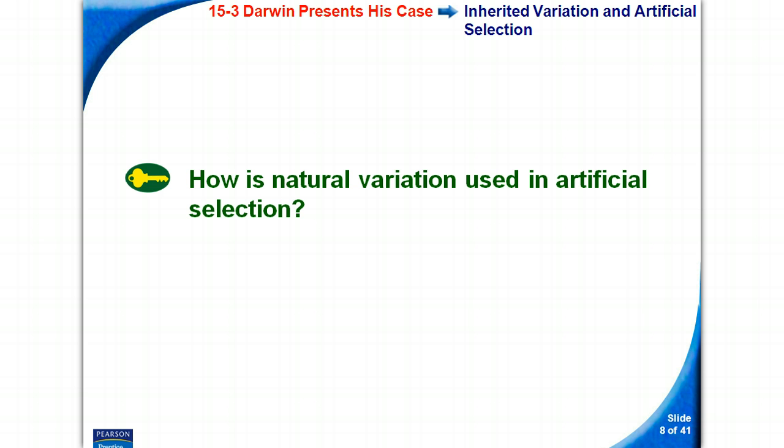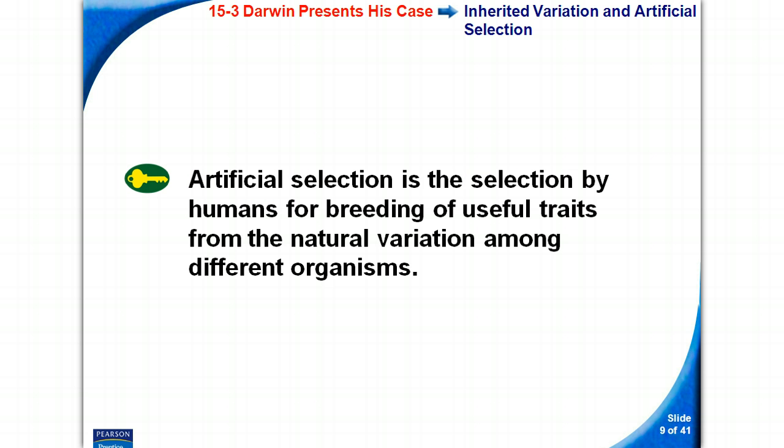Key concept number 1. How is natural variation used in artificial selection? Artificial selection is the selection by humans for breeding of useful traits from the natural variation among different organisms.